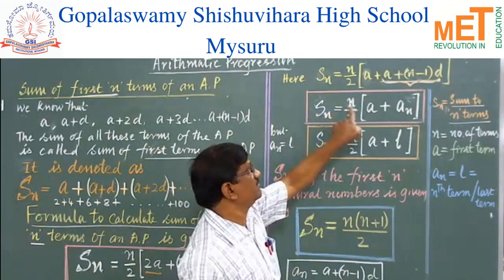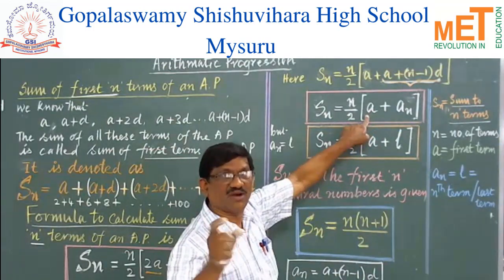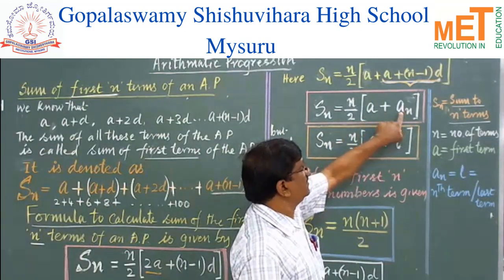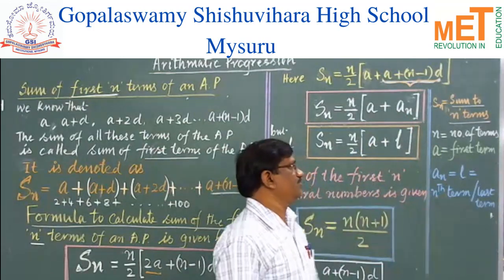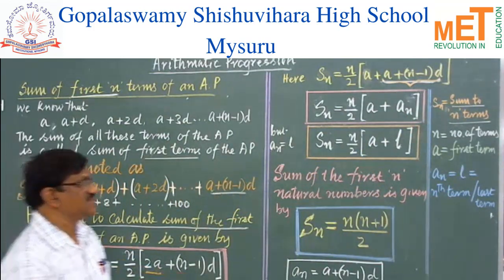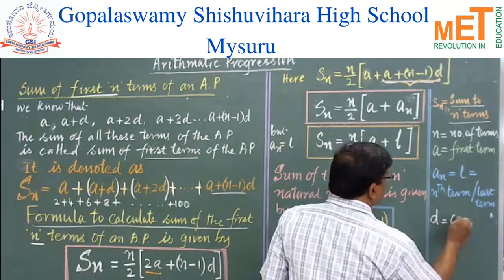That is nothing but n. What is a? a is the first term or the starting number. What is an? It is nothing but the nth term or the last term. What is d? d is nothing but the common difference.